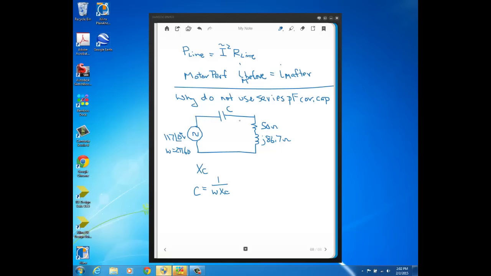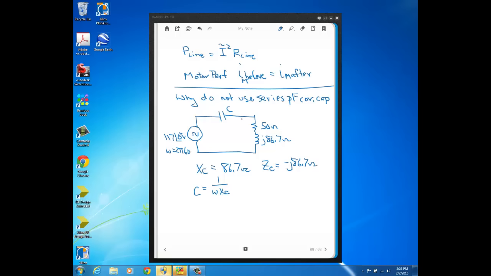So here, when the capacitor has an XC that matches the XL of the inductor, or the impedance of the capacitor is the same magnitude but opposite or negative phase. So if we got plus j86.7, and the capacitor has impedance minus j86.7, they cancel out, and you're just left with the resistance, which has a theta z of 0°, and that's what the theta of your power triangle would equal, making the power factor equal to 1.